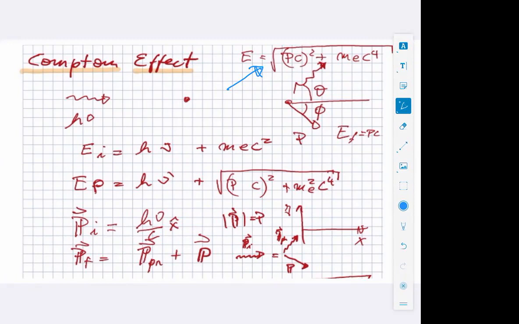There's a square missing here. That's it.